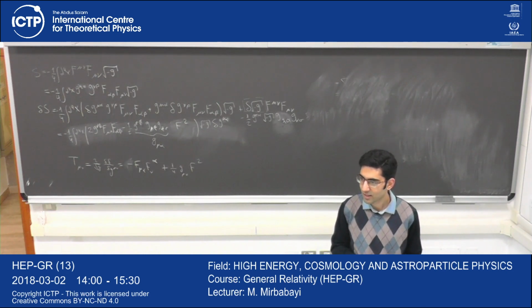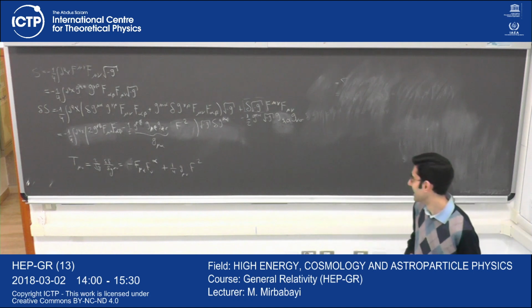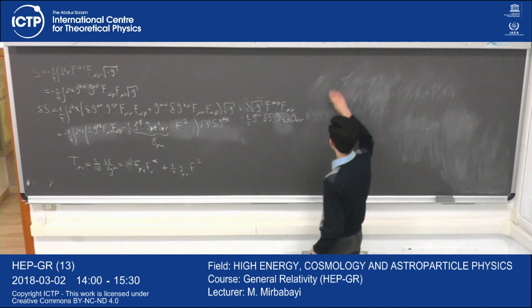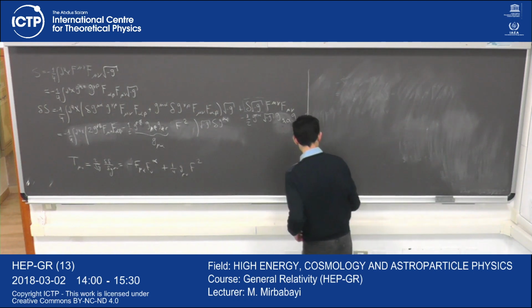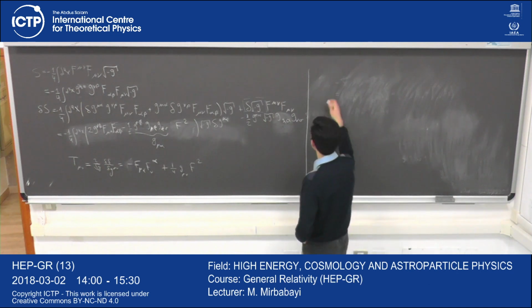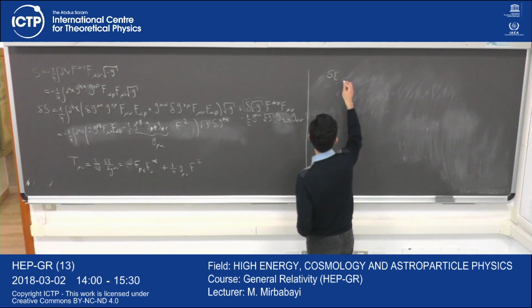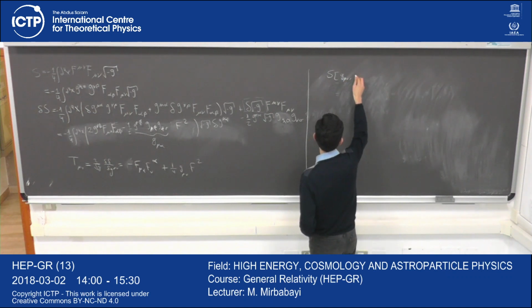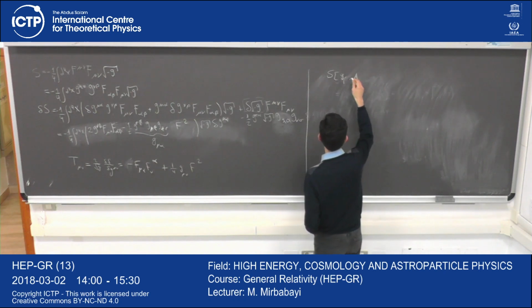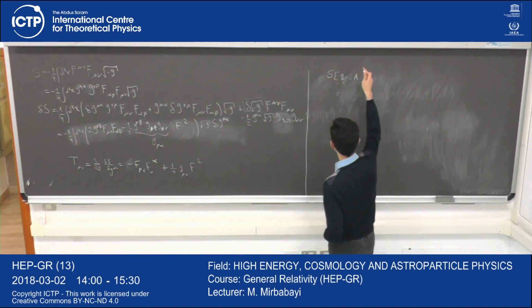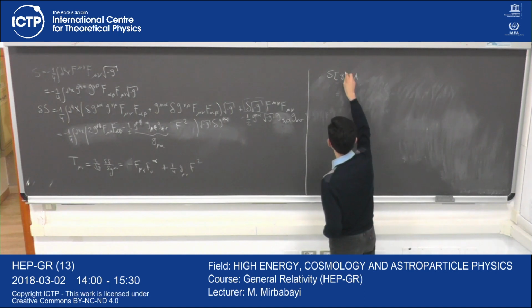With lower index. Why? Did you try doing it with upper indices? What if you wanted to do it with upper indices? Let me try to do it with upper indices. So we have S as a function of metric and A. Let's say it doesn't matter if I put lower index or upper index, because these two are not independent.